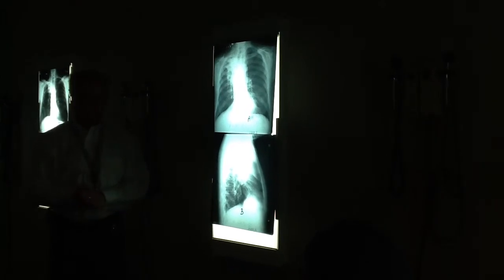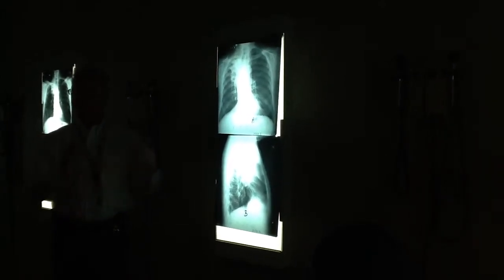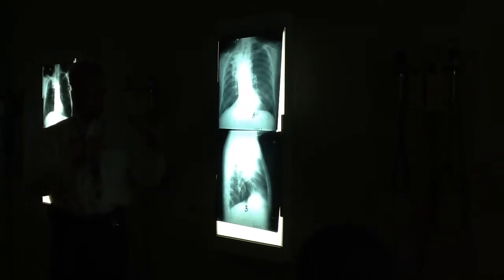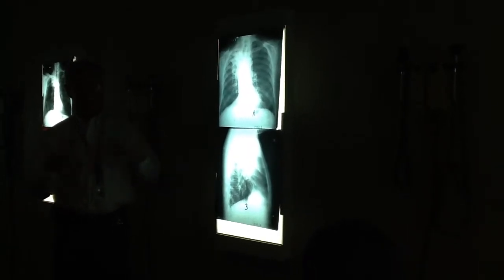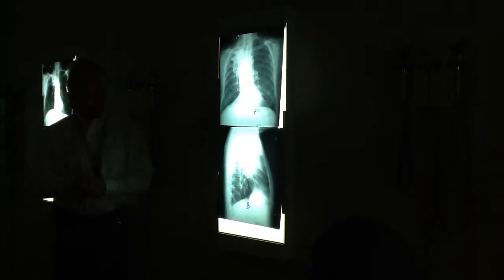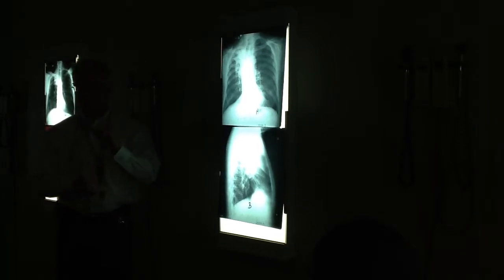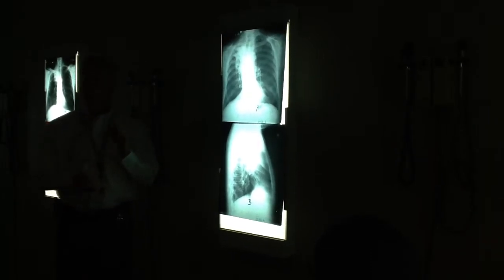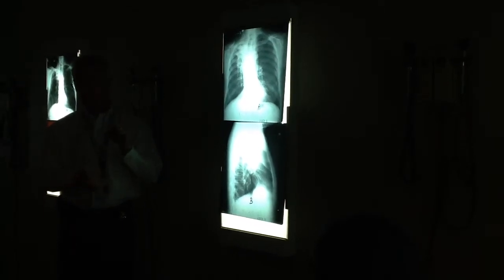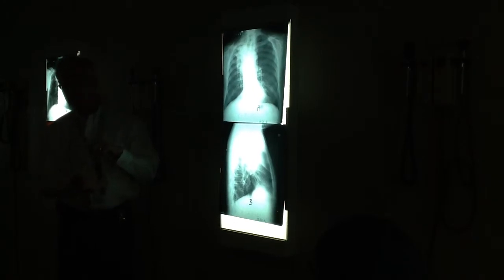Could this happen on the left? No minor fissure. Yeah, you have to have a minor fissure in order to have a Golden's S sign. So could it happen on the left? If you have an accessory fissure. And where would the tumor have to be? Before or after the lingula? Before. Okay, now if it's before the lingula, then the lingula collapses.